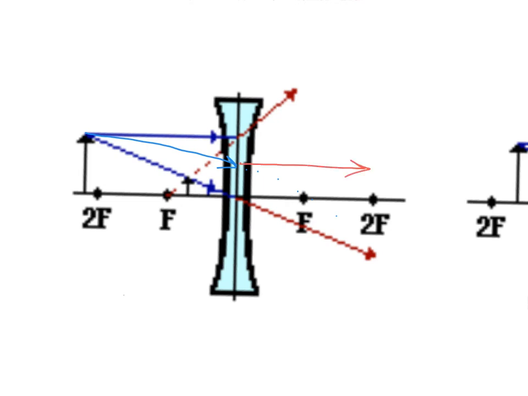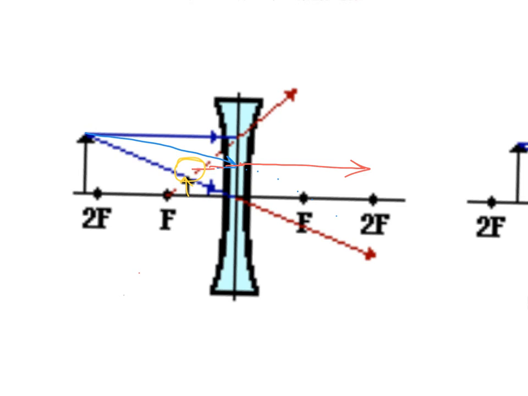And what you'll notice is that none of these refracted rays intersect, hence why we call it diverging. We can find our image by extending those refracted rays, and they roughly intersect right here, and you can see our image drawn right there.